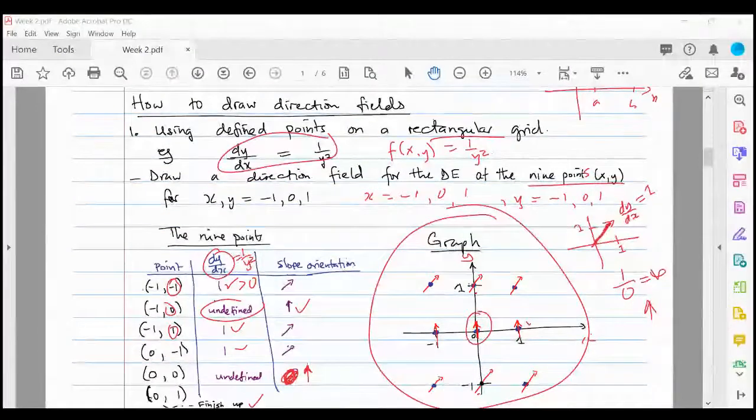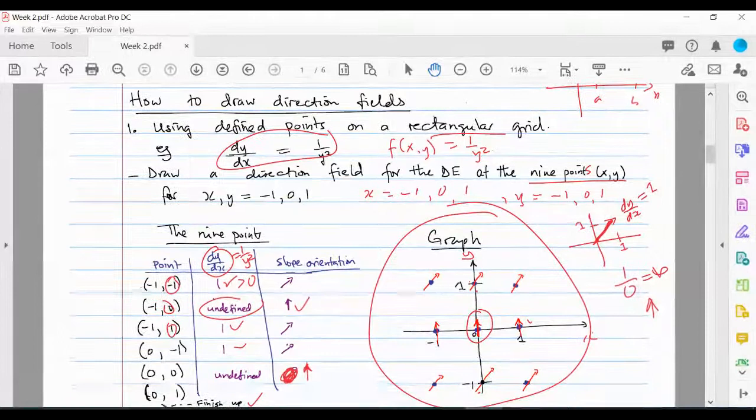All right, this is what I was explaining. For the value of the slope here, 1 is positive. So all positive slopes will have bottom left, top right, but how they look depends on the value of the slope.